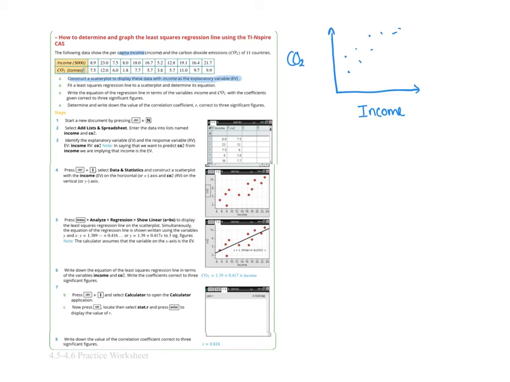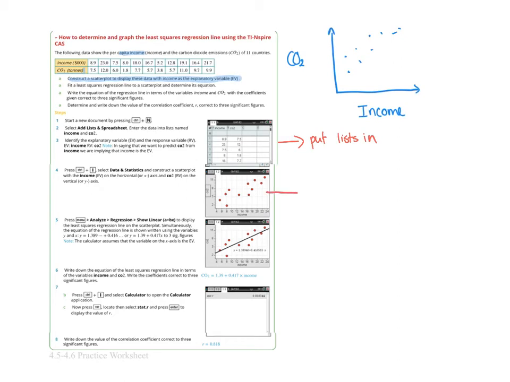What we're going to do is first we would put our lists in lists and spreadsheets. Yeah, so we put our lists in, and there's a couple of ways you can do it. So I'll show you in a minute. These instructions are showing you how to get the equation of the line using the scatter plot.